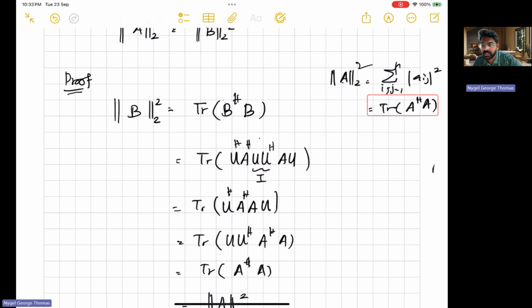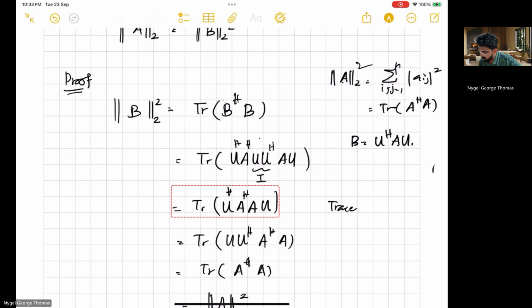Yes. So B can be substituted as U Hermitian A U. You substitute here, you'll get the trace of U Hermitian A Hermitian U into U Hermitian A U, and U into U Hermitian is equal to I. And you get the trace of U Hermitian A Hermitian A U. And the trace of AB can be cyclically rotated: trace of ABC is equal to trace of CAB, equal to trace of BCA.